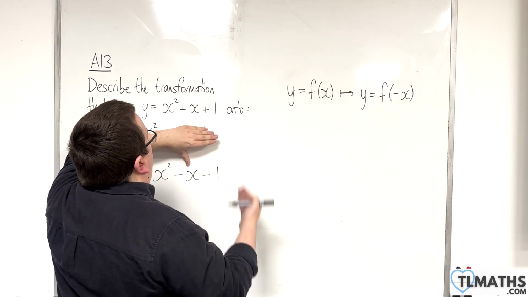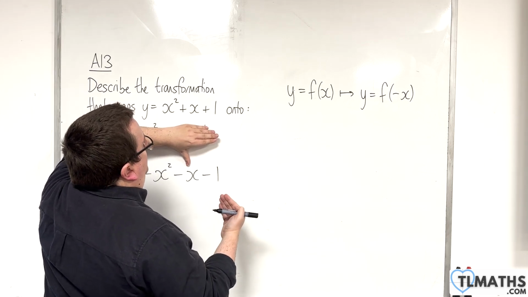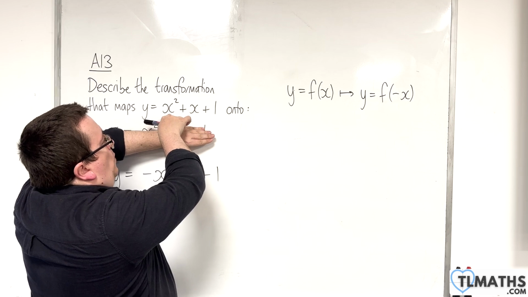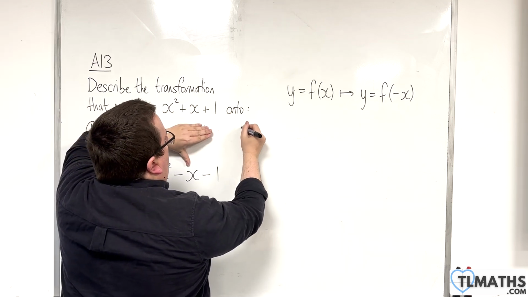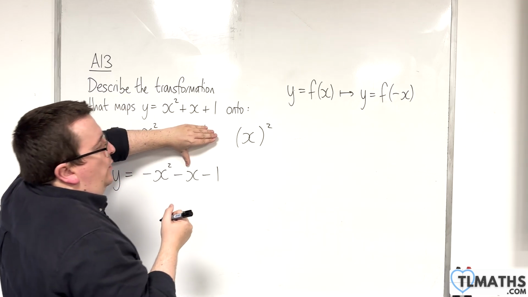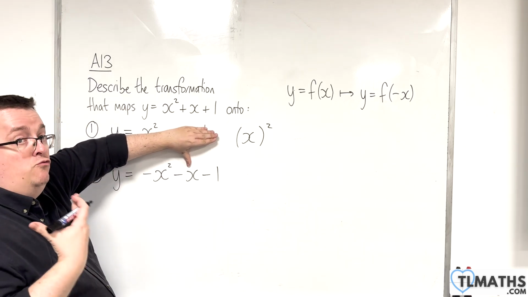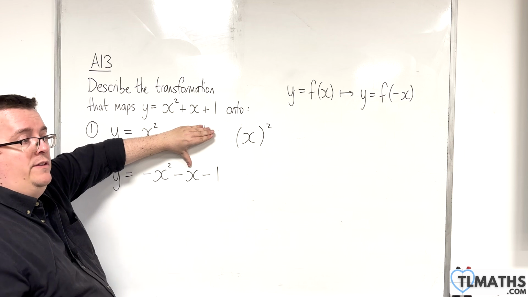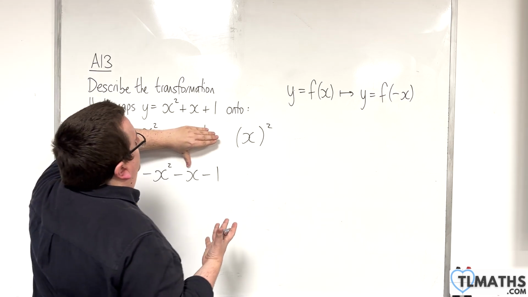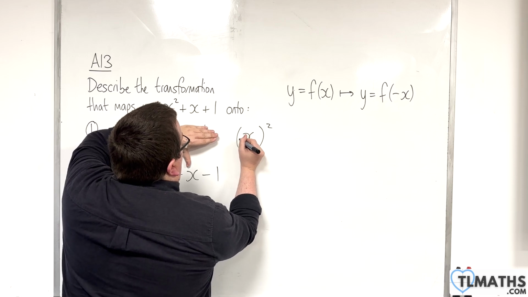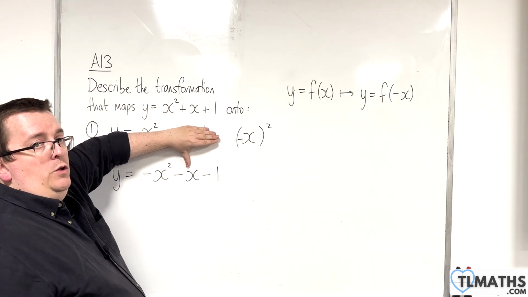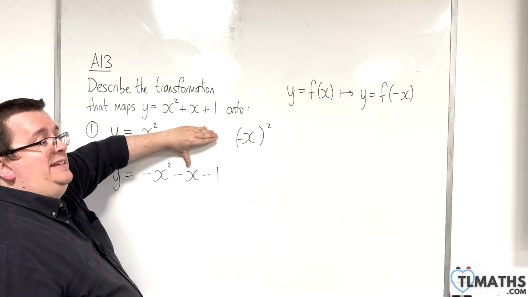So, if we replace the x with minus x, you must make sure that because you've got x squared here, that is this. Okay, so you have this bracket around the x that we don't bother writing in. We don't bother drawing it. We don't need to in order to understand this. However, when you replace the x with minus x, you want to make sure that you are also squaring the negative sign.